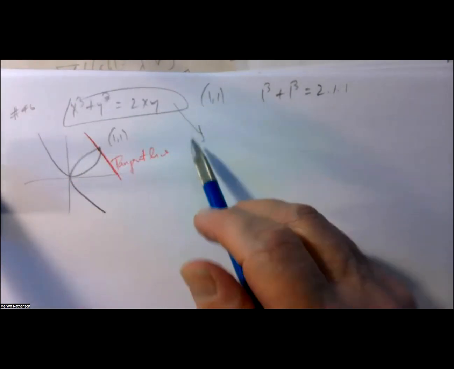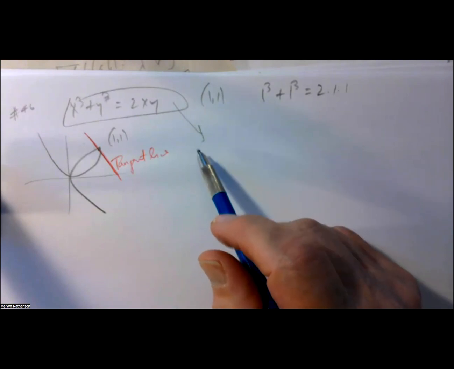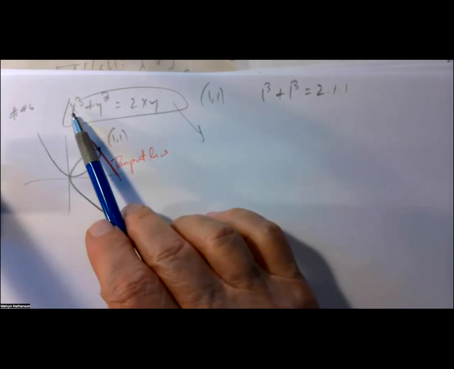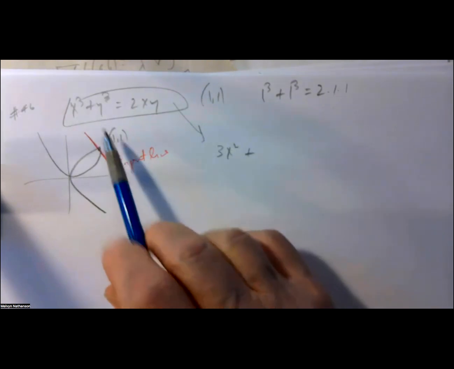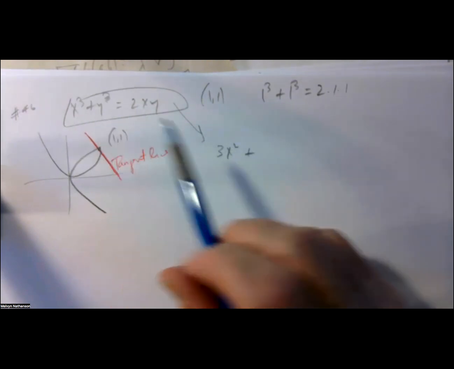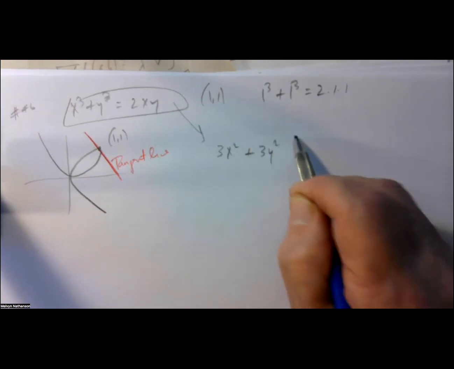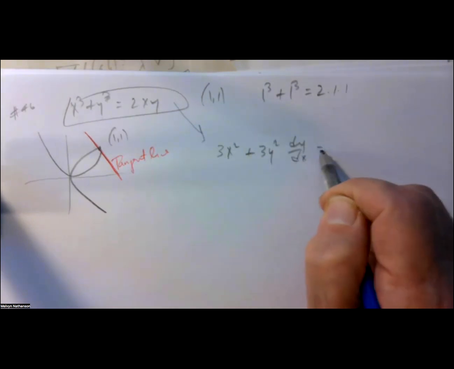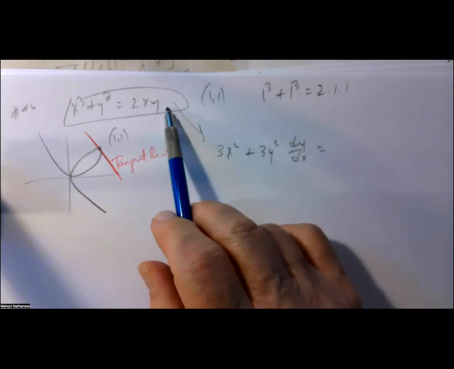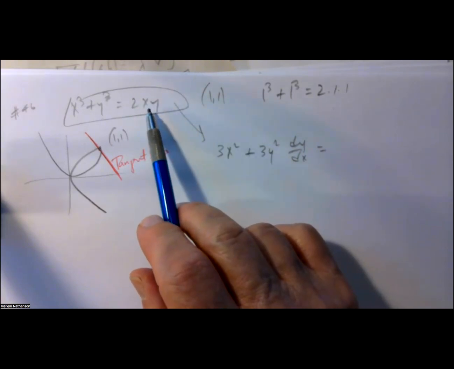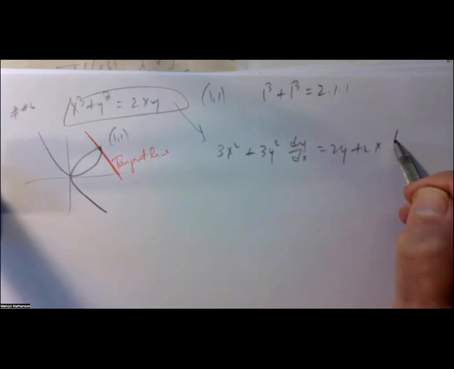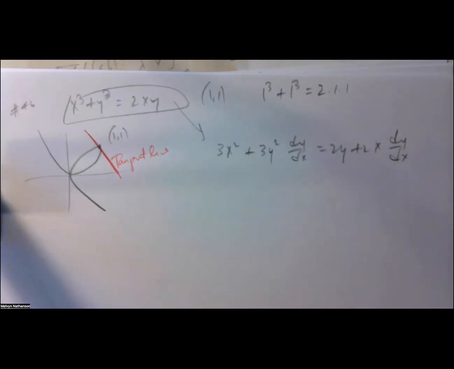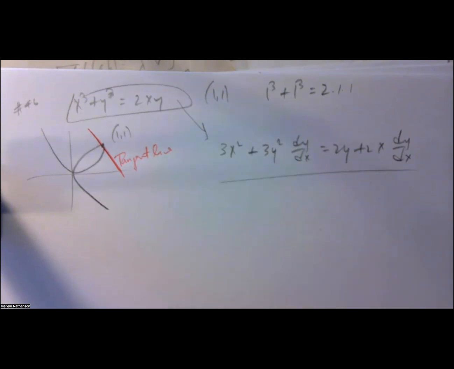If we take this curve and differentiate with respect to x, the derivative of x cubed is 3x squared. The derivative of y cubed with respect to x is 3y squared dy/dx. The derivative of 2xy with respect to x, by the product rule, is 2y plus 2x dy/dx. So we get an equation that looks like that.